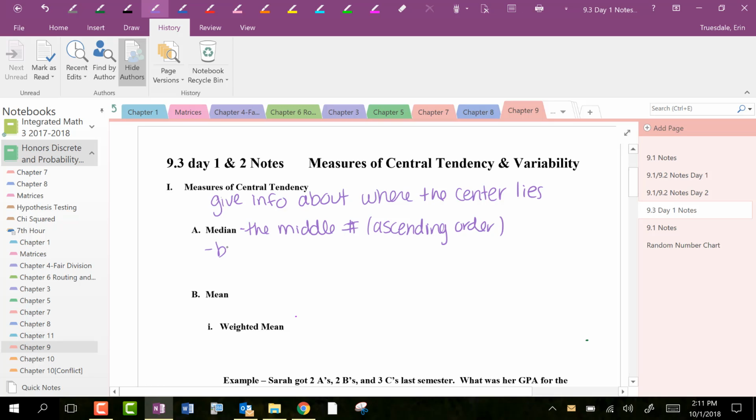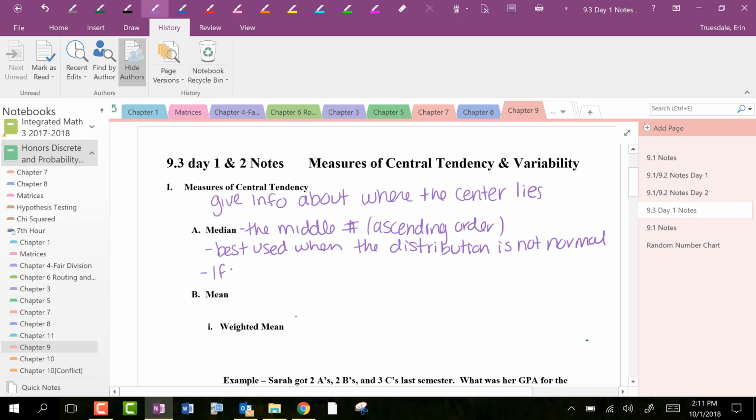The median is best used when the distribution is not normal. So if you have it skewed left or skewed right, usually we use the median to determine the center point, the center of the data.